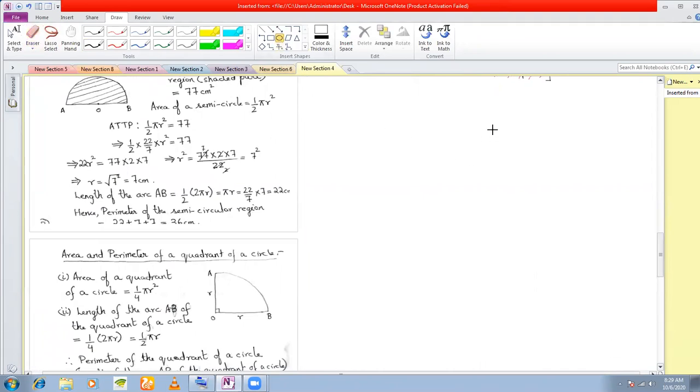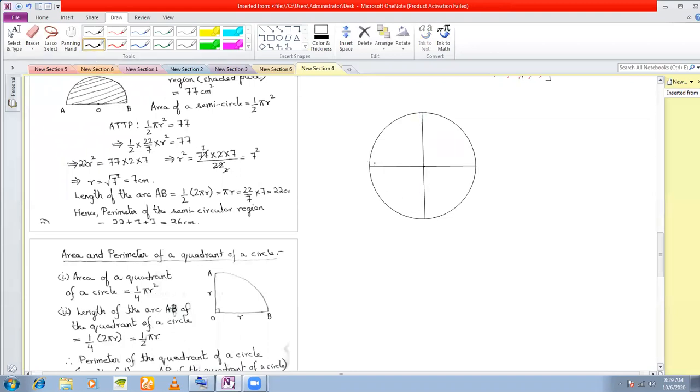Let's see how we draw a quadrant. You have a circle with center O. You have two perpendicular diameters. Remember, two perpendicular diameters, not any diameter.